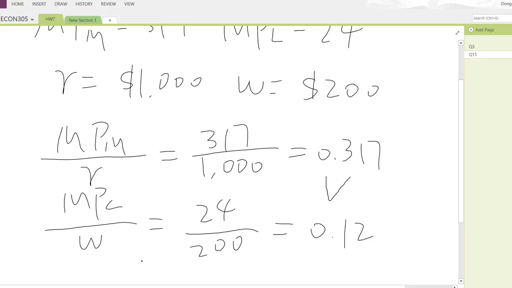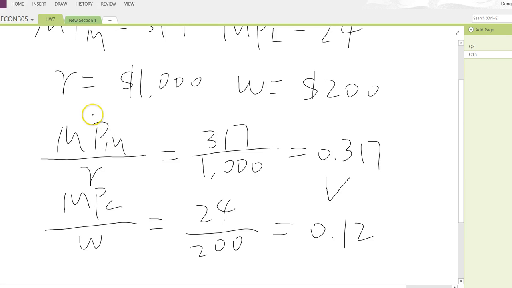So how should the firm change its behavior in order to lower the cost? To lower the cost, the firm needs to keep the equation balanced. So how can we lower this number? Right now the marginal product of capital divided by the price of capital is the greater number, so we need to lower it. Keep in mind that the marginal product of capital is a decreasing function of the capital.